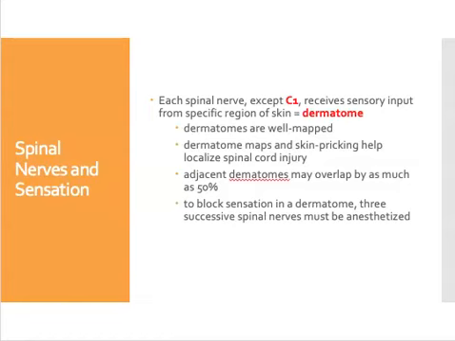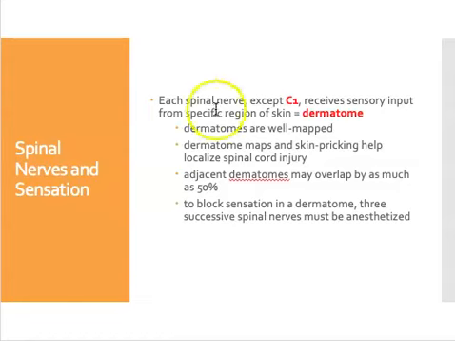Similarly, there are disease conditions that will increase sensation in various dermatomes, and so we will know again through skin pricking which spinal nerve is involved. So very, very helpful in tracking damage to spinal nerves and the spinal cord.